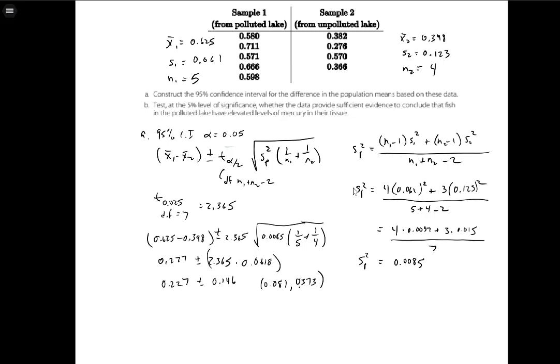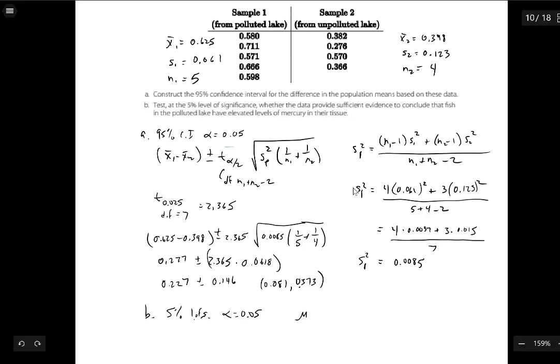Let's look at that. Let's do that from a statistical hypothesis test standpoint then. So we're going to do it at a 5% level of significance. So again, here our alpha is going to be 0.05. And to see if there's sufficient evidence to conclude that fish in the polluted lake have elevated levels of mercury in their tissue. So we're going to be looking at the difference in the means.